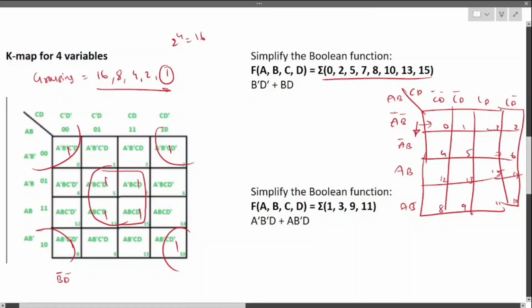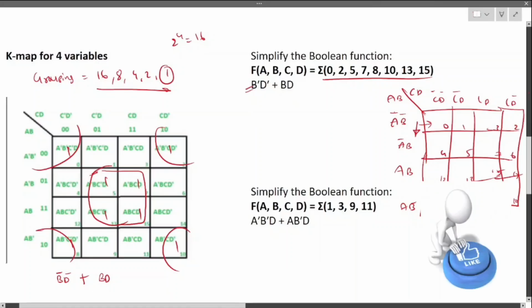Now among this, C bar and C ignore. First let us take like this: A bar and A ignore, B common, and for this, C bar and C ignore, directly write D. Now see here, we got the answer.